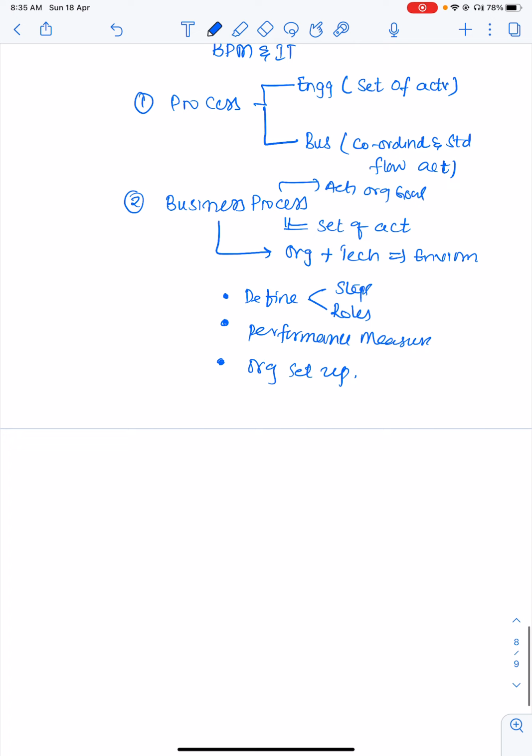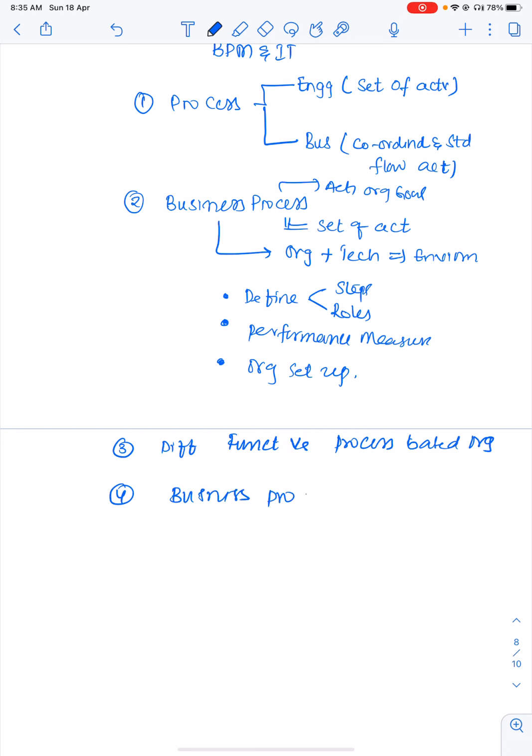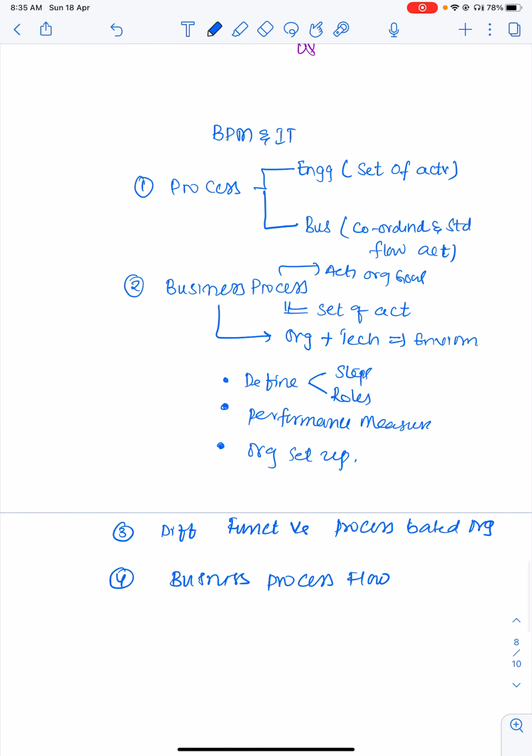We are done with the business process, and third, we have completed the differences between function-based organization versus process-based organization. And fourth, we completed business process flow. Okay, so these are the things which we are done with. Now let us go to the next topic.